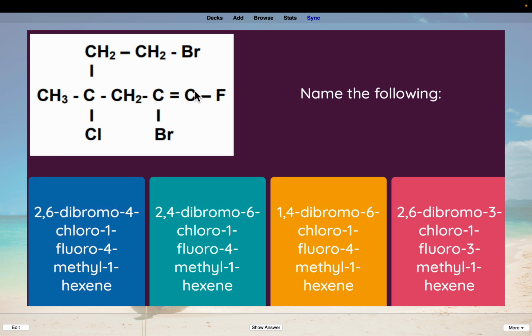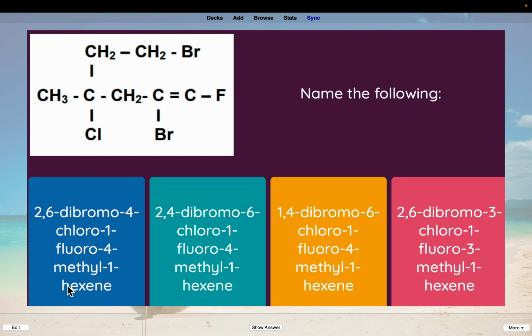We count wherever the parent chain is longer. So this cannot be an auxiliary to the parent chain, because if you count the carbon atoms in this position, you'd have more carbon atoms compared to counting straight. So be careful with that. And of course, we start counting from here because this is where the double bond is.